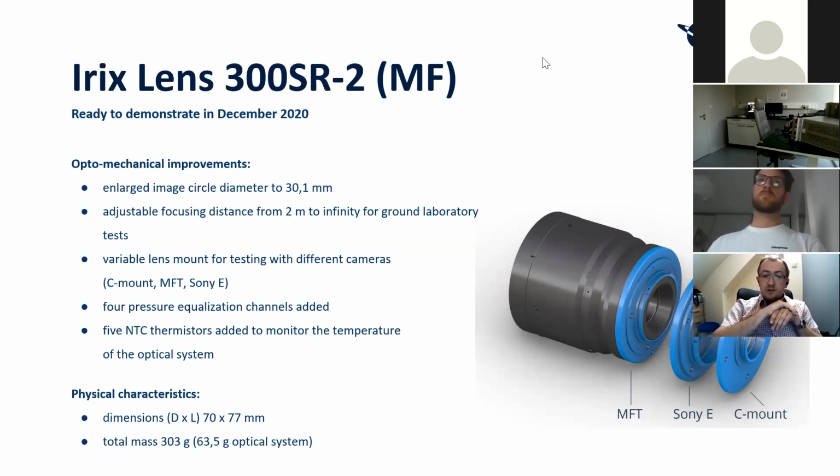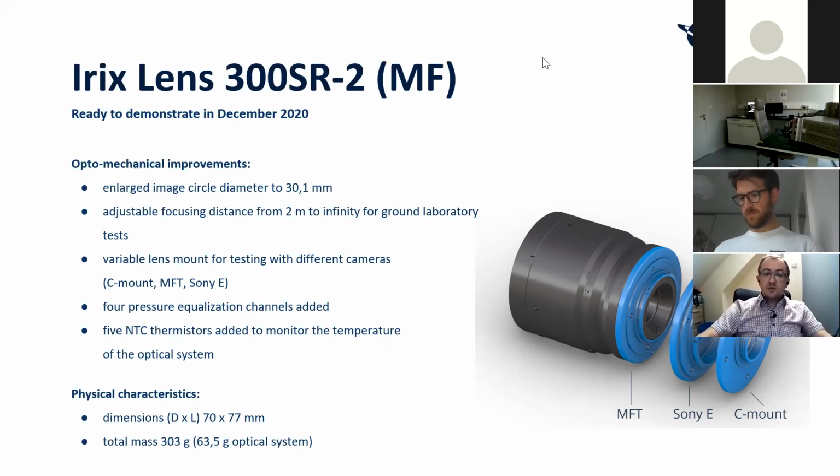Here we can see the lens in the second version that has a replaceable lens mount that allows us to check the optical performance with different camera sensors. Because checking how the lens will work with an industrial camera would be expensive, and sometimes it is hard to get such a camera.